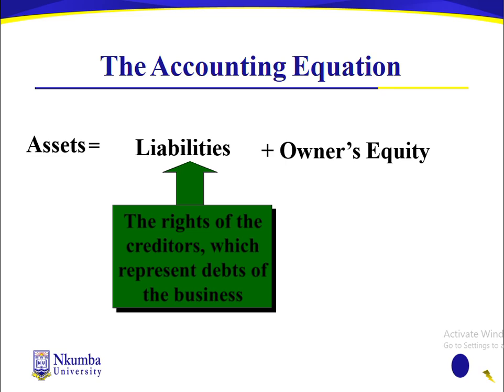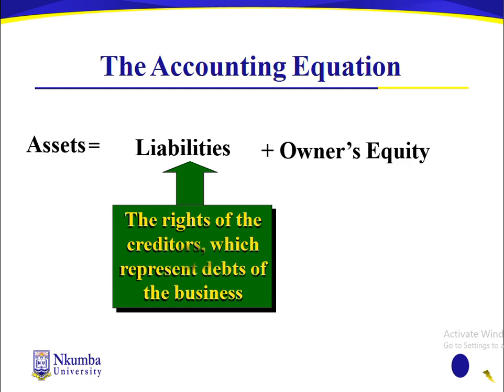profits. So it means that for us to have assets in the institution, we have either had owner's equity, which is capital inputs and also internally generated profits, or liabilities where we have gone for a loan.